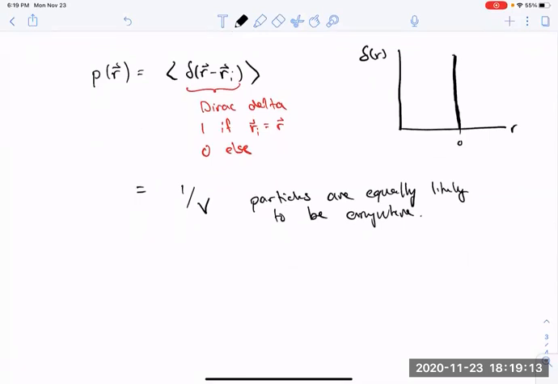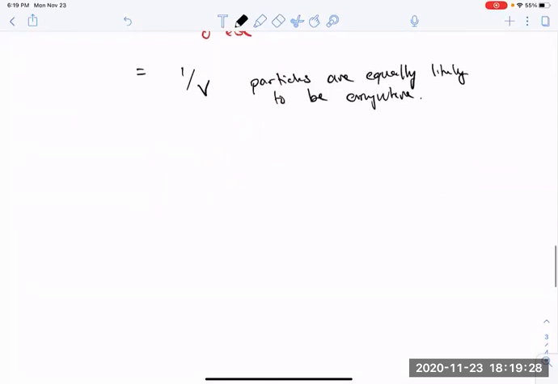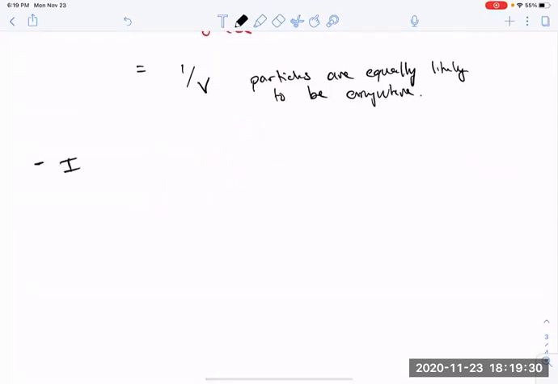So we'll need to be a little more clever, but before we do, this probability of finding a particle at a specific position is very closely related to a microscopic definition of the density, or just a measure of where all the particles are in space.